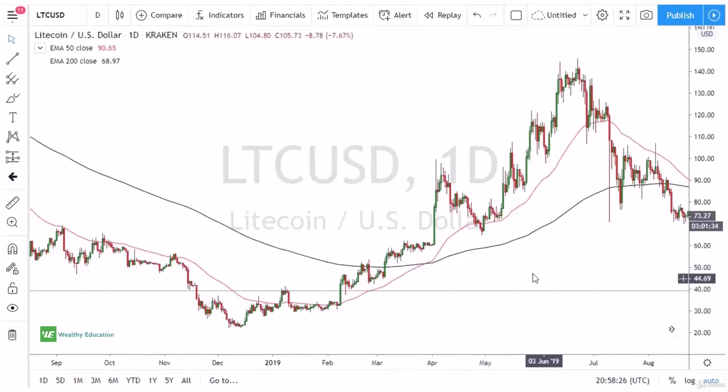A lot of traders will simply only buy or sell depending on which side of the 200-day EMA price is. Or, in this case, we've had the golden cross, so that tells you that the 50-day EMA is letting you know that shorter term momentum is to the upside. So then you start to look for buying opportunities.